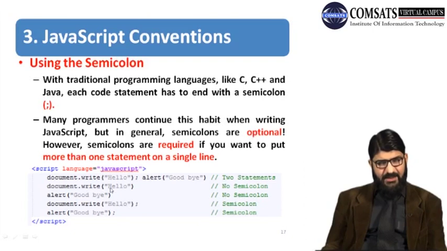Then document.write hello, alert goodbye is mentioned, and then again document.write hello without a semicolon for the previous statements, and now with a semicolon for the current statement, and alert goodbye with a semicolon. So if you are writing in separate lines, whether you put the semicolon or not, it does not affect. But if you are putting two or more statements on the same line, it is necessary to put the semicolon after each statement, and in the end there is a script close tag.